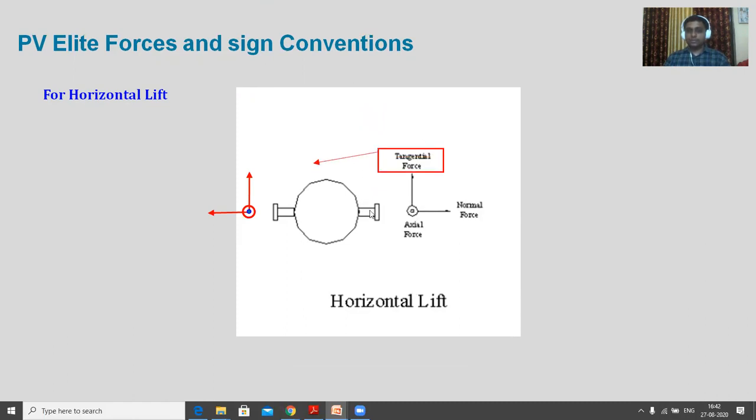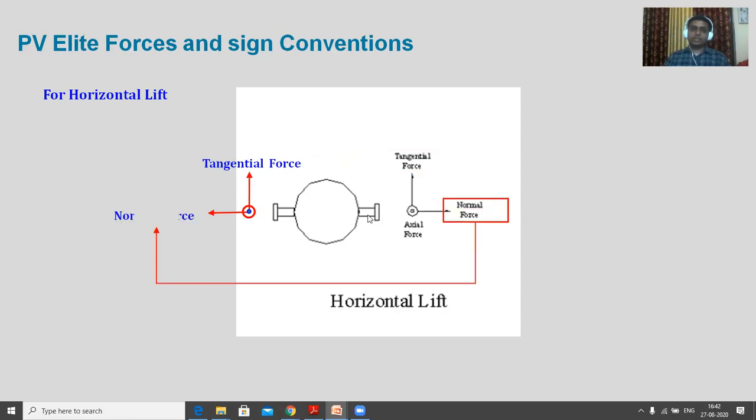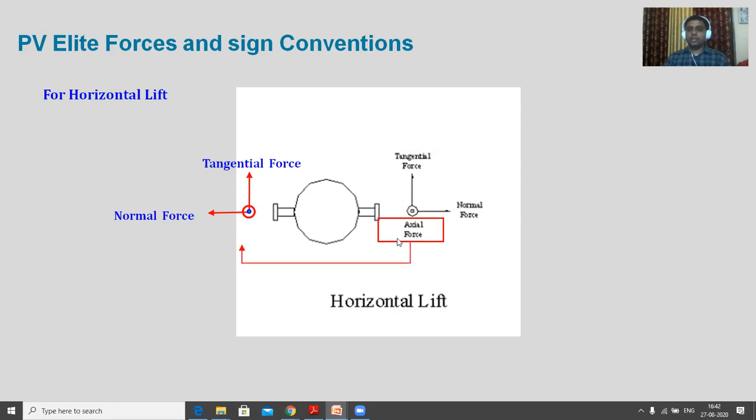So this one is nothing but the tangential force, correct? Another is normal, which will remain the same, normal to the axis. And here the axial force will be represented by a point because it is along the axis. The axis cannot be seen from here. It will look like only a dot. So here you can see the axial force as a dot only.